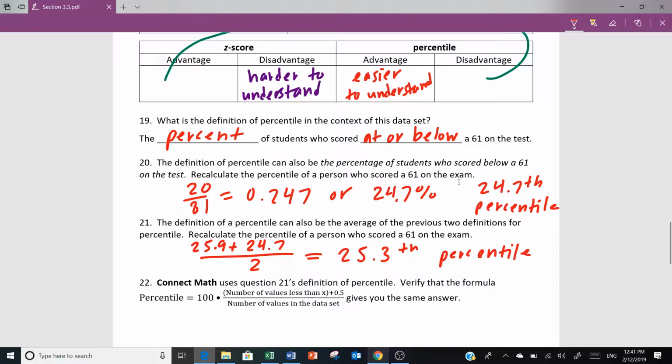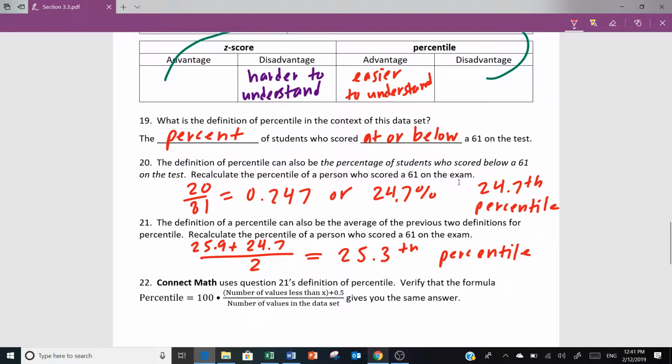It's 20.5. But let's do the same one as we did before. You just want to do the number of values less than X. So what is the number of values less than 61? 20.